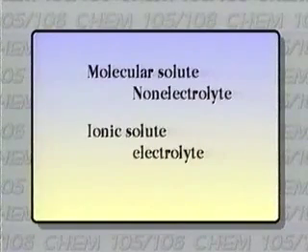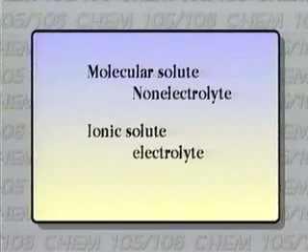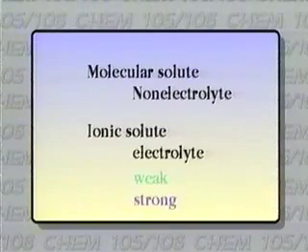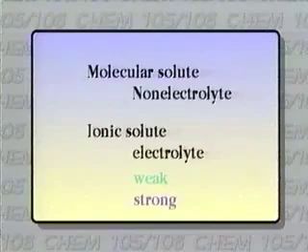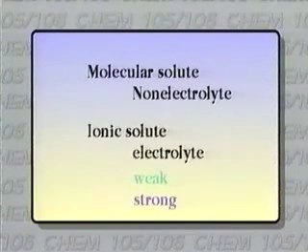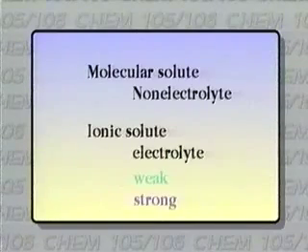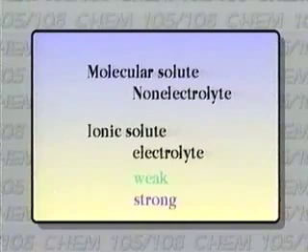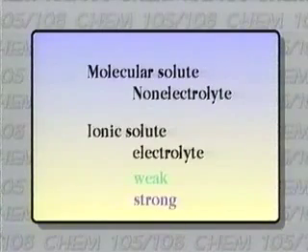And we can even differentiate in electrolytes. We can have those that we would call weak electrolytes, meaning that maybe some of the material going in goes as a molecule, some of it dissolves as ions, and so we can have a weak electrolyte. Or we can have something that 100% dissolves as ions, and we refer to that as a strong electrolyte.